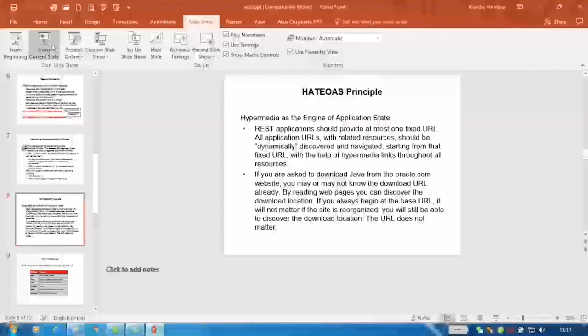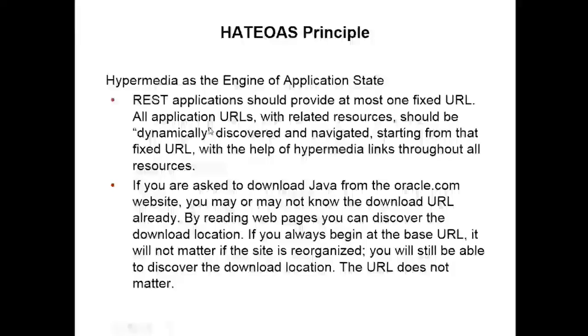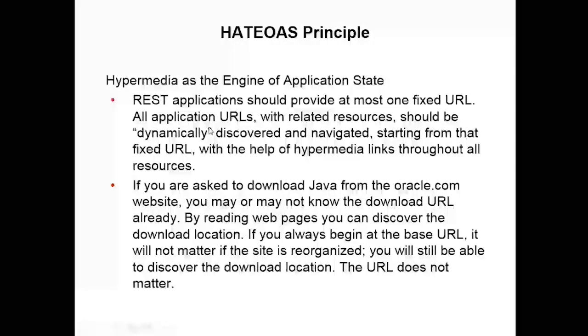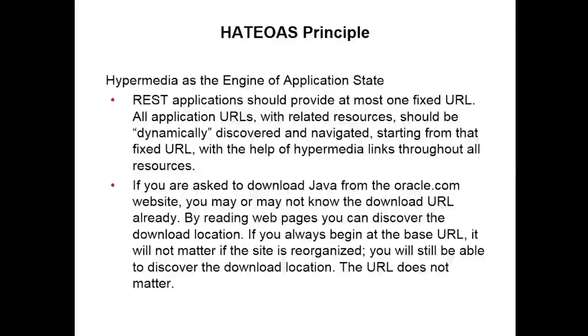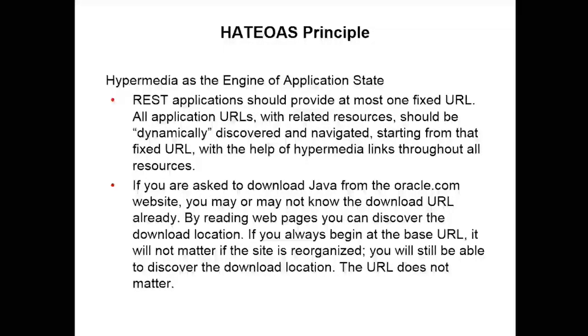in the slide. So this is what we're talking about. A REST application should provide at most one fixed URL. All application URLs with related resources should be dynamically discovered and navigated starting from that fixed URL. So if you are asked to download Java from the oracle.com website, you may or may not know the download URL already.